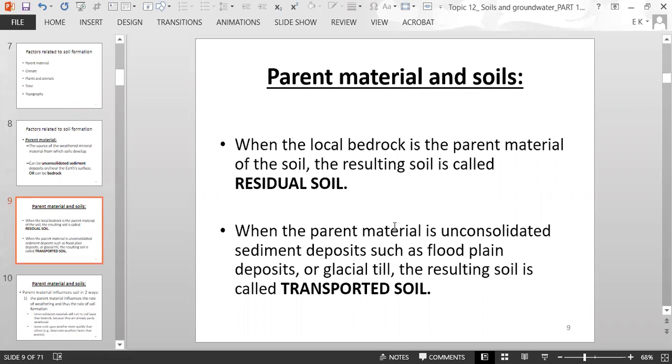But those sediments came from upstream. Also glacial till, because the glacial sediments came from elsewhere and they were carried to a new location within the glacial ice. So then if the floodplain deposits or the glacial till turns into soil, that soil would be called transported soil.